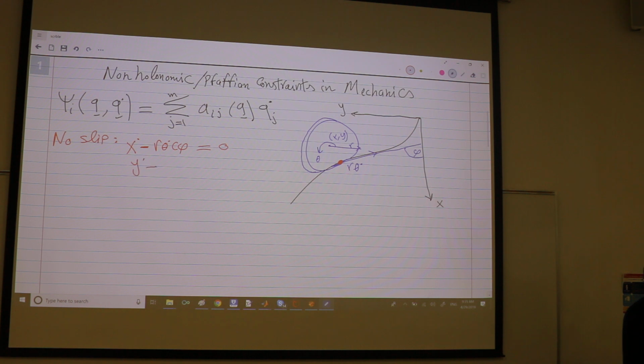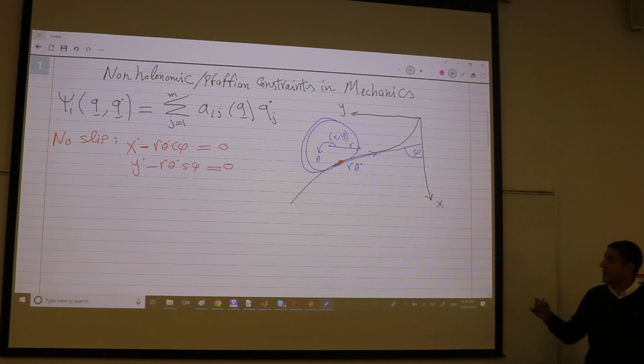Also y dot, we have r theta dot sine phi, equals 0. Any question about these two constraints, inducing no slip, rolling without slipping, relative velocity with the floor is 0? If you have a question, feel free, please. Don't feel shy.